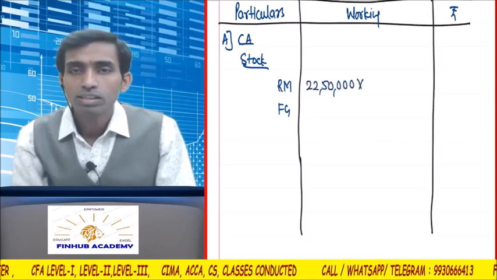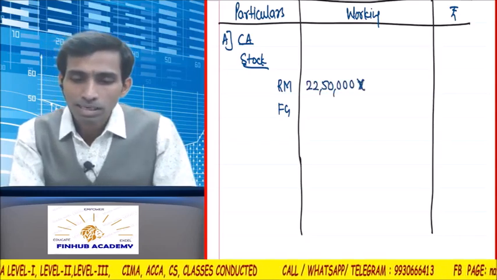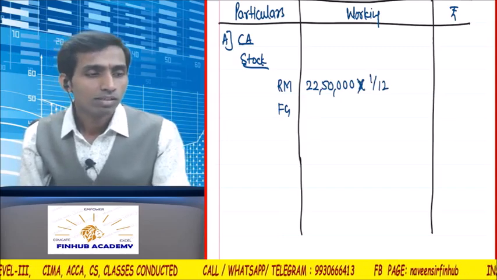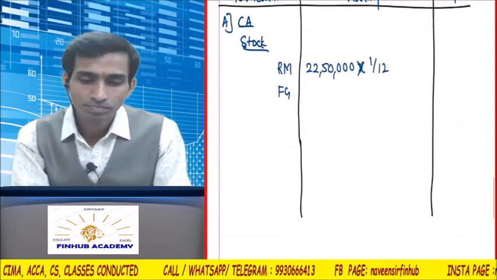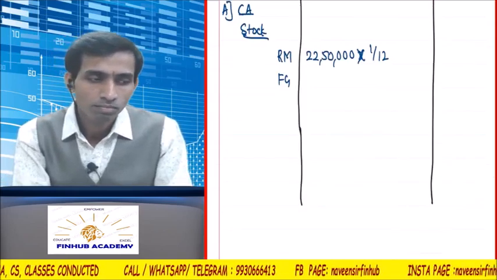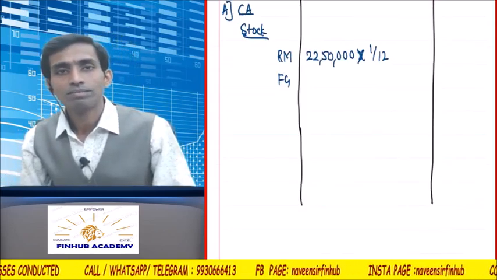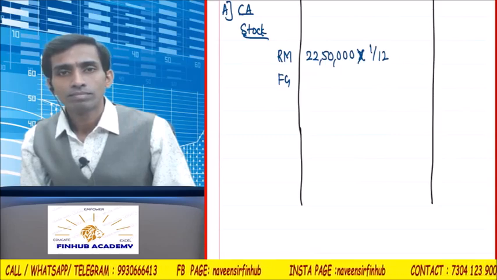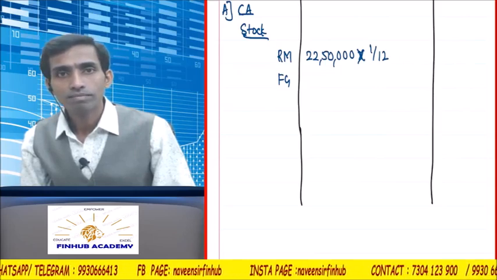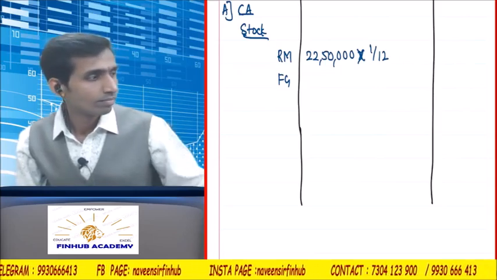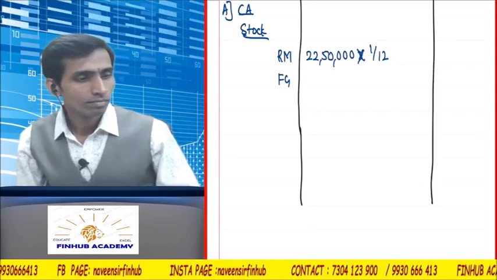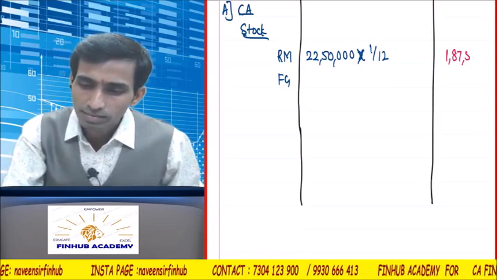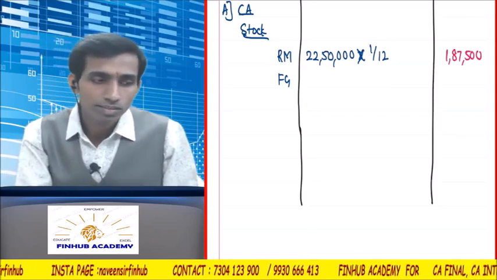Raw material consumed multiplied by 1 by 12, 1 month. So how much is it? 1,87,500. Great.